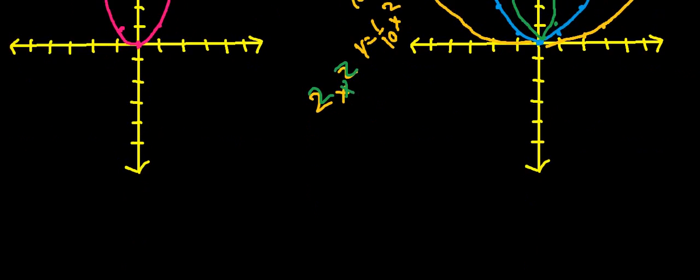Let's talk about horizontal stretching and compression now. And we're saying that horizontal stretching and compression happen when we have some function of x. It's easier to see like this. So if we have some number a times x put into some function, so y is equal to f of a times x.